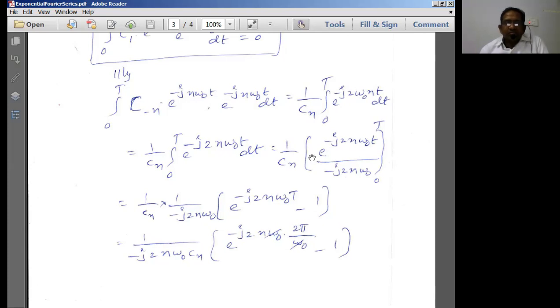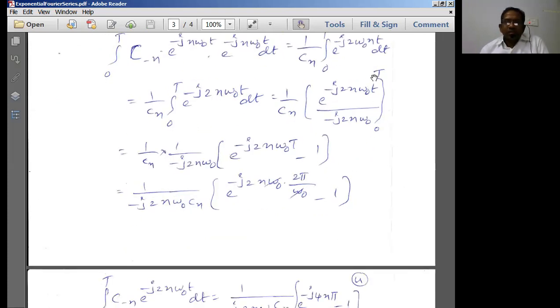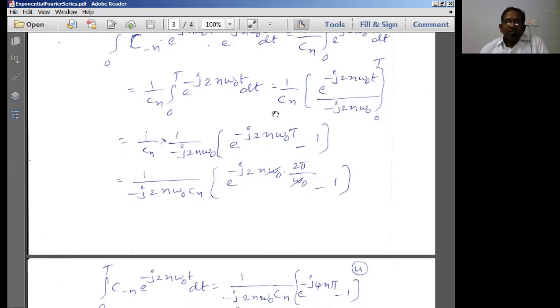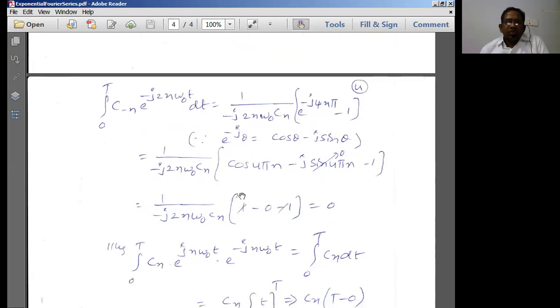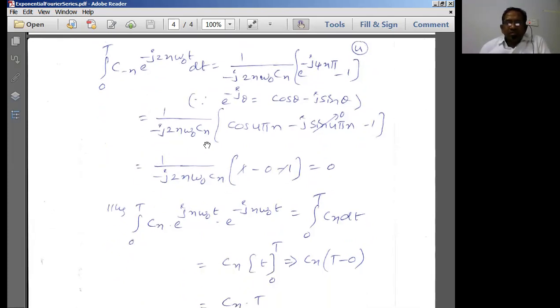Similar to that, we can expand this over the limit 0 to T, if we apply. Simply same as the previous one, this T is replaced with 2 pi by omega naught. The same thing is going to come, so we'll be simply reaching up to here. Now here also once again we have the form like e power minus j theta. So it's going to be cos theta minus j sin theta, as in the previous condition.